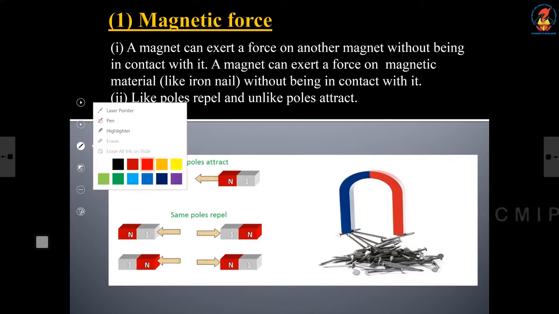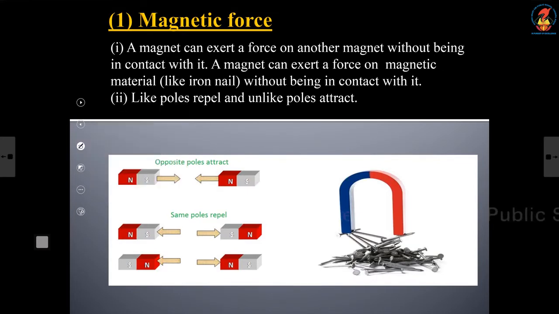A magnet can exert a force on another magnet without being in contact with it. At the same time, a magnet will exert a force on iron objects. That's known as magnetic force.